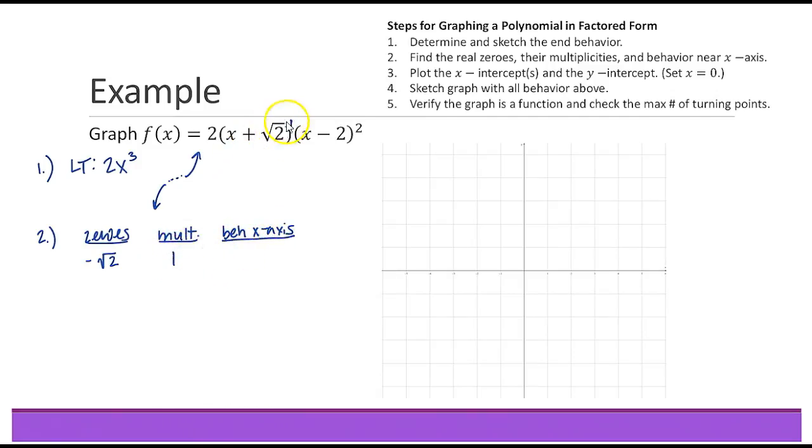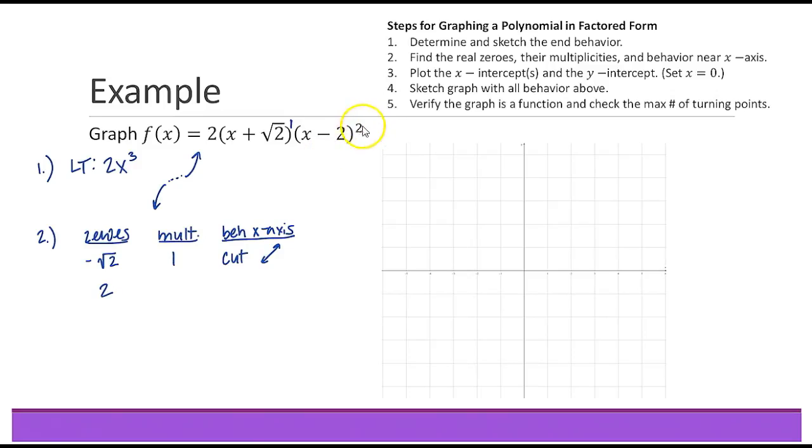So if the multiplicity of the power is 1, it's going to act just like y equals x. So it's going to cut through the x-axis, right? So you can write the word cut, or maybe just draw a little line to remember it's just going to go straight through. The second zero is going to be positive 2. If I set the factor x minus 2 equal to 0, I'll get positive 2.